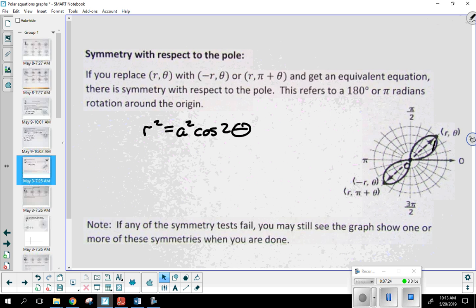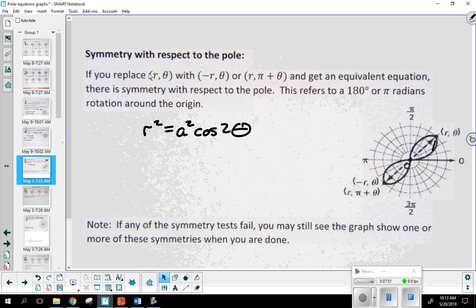The test algebraically is to only replace the radius with its opposite. So you'll notice there's something different for each of these. If we're testing with respect to the polar axis, we only replaced theta with its opposite. If we were looking for symmetry with theta equals pi over 2, we replaced both the radius and theta. Here, symmetry about the pole, we're only replacing the radius.